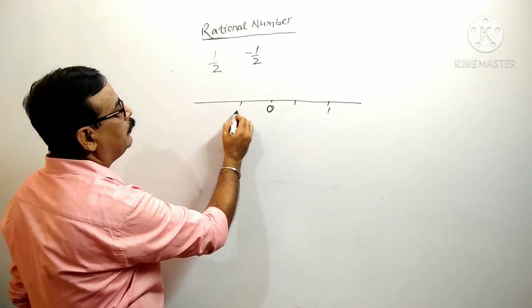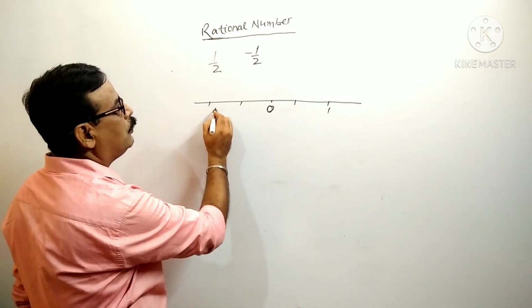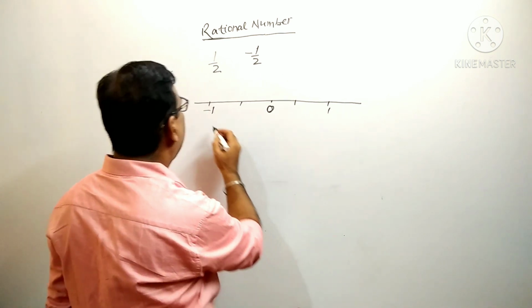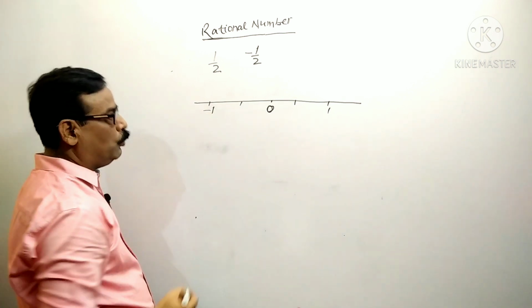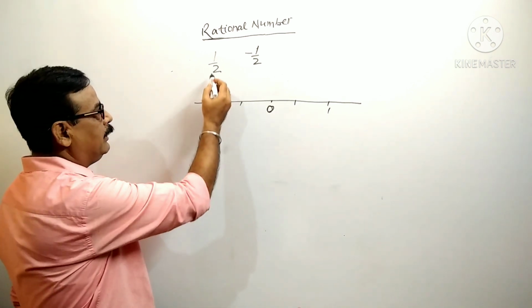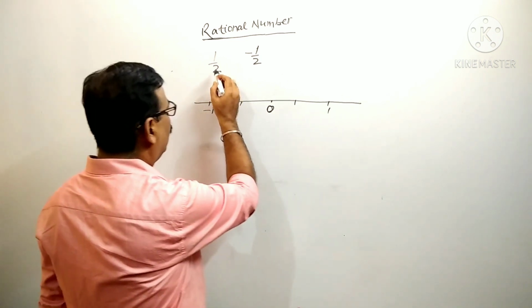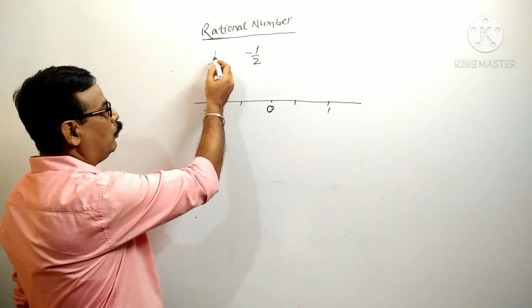Here we can also take two parts, that is 1 and 2. We can write here a positive 1 and here a negative 1. From 0 we have taken two parts because the denominator is 2, and we have to represent only 1.